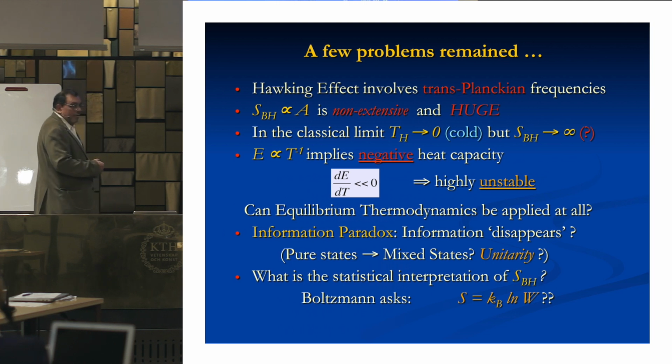Now, as you all know as well, this is the part of my talk about what's the matter, what's the quantum matter with black holes. You all know there's a list of problems.